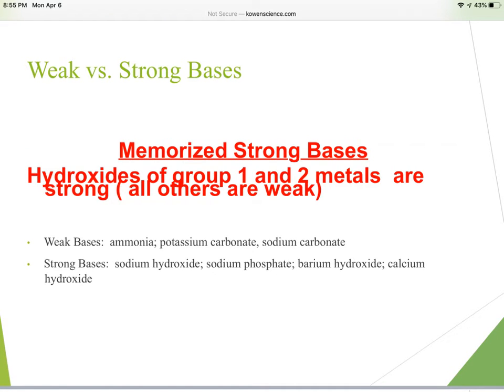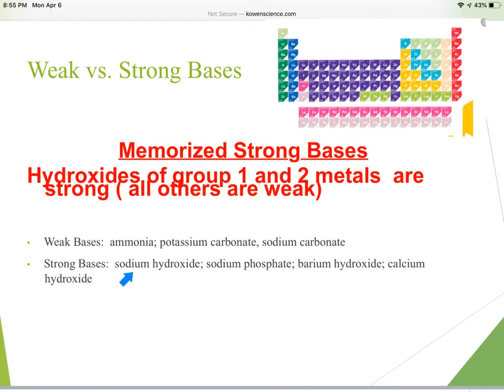Now, if you'll remember from the previous video, to be able to tell a strong acid from a weak acid, I had you list those on your Fat Daddy. In order to tell a strong base from a weak base, you're going to look at the first element and determine, is that first element in group 1 or 2 from the periodic table.